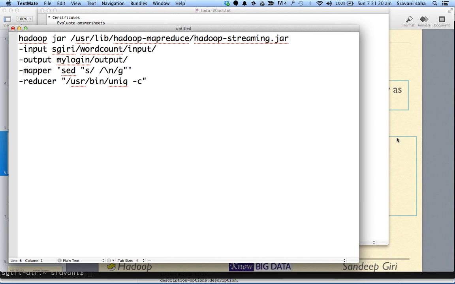When we write Java code, we write our mapper and reducer as functions. Here we are writing our mapper and reducer as separate commands, and we are passing that to Hadoop.